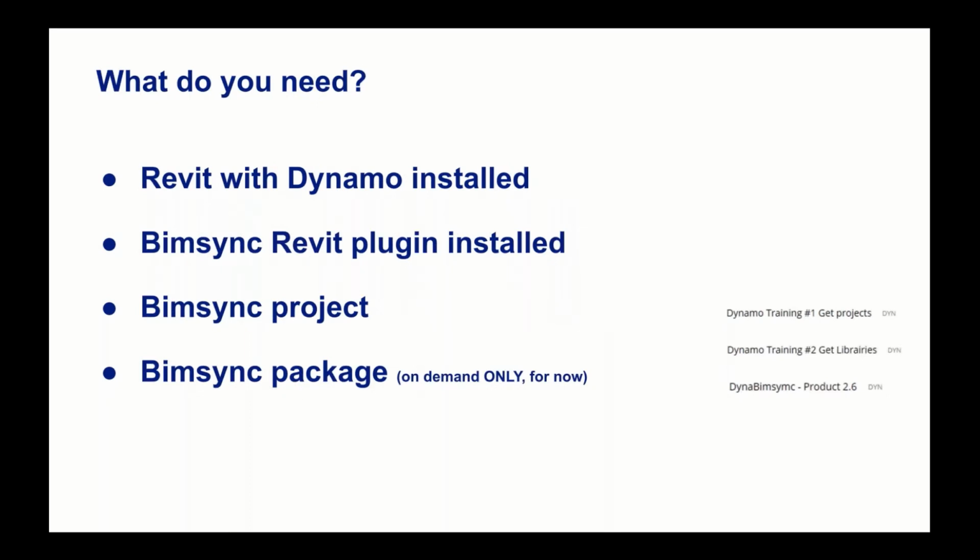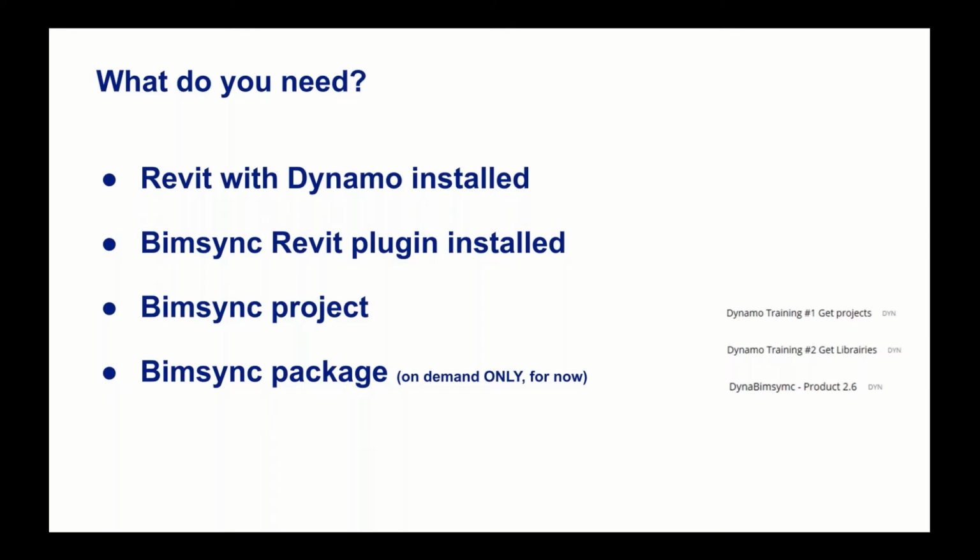So what do you need? You will need Revit with Dynamo installed, because that's how you mostly use Dynamo these days. You can also use Dynamo in the sandbox version, but you will still need to have Revit installed to have Dynamo on your computer.